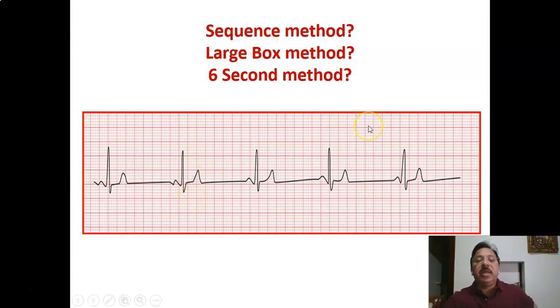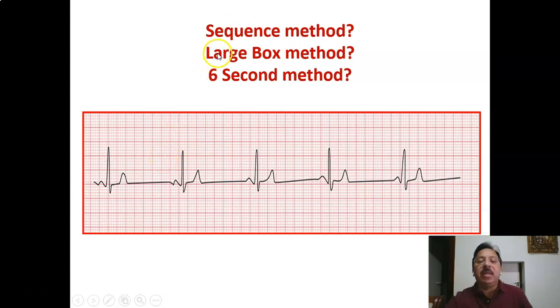So let's see which method you can apply here. Sequence method: 300, 150, 100, 75, 60, 50. After 50 is a problem here. So it's advisable not to use the sequence method if the heart rate is really slow, like less than 50.